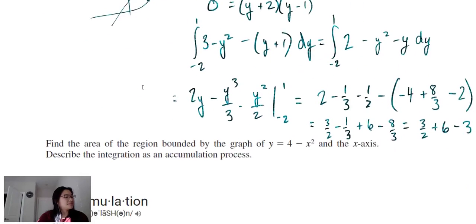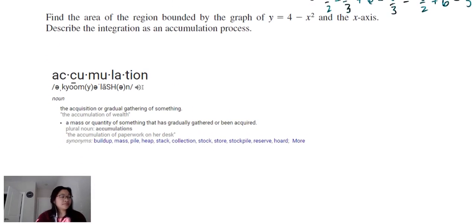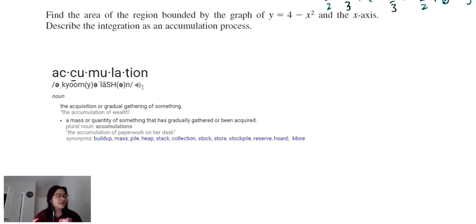Alright. So, another thing is that accumulation is a vocabulary that we like to use with integrals.